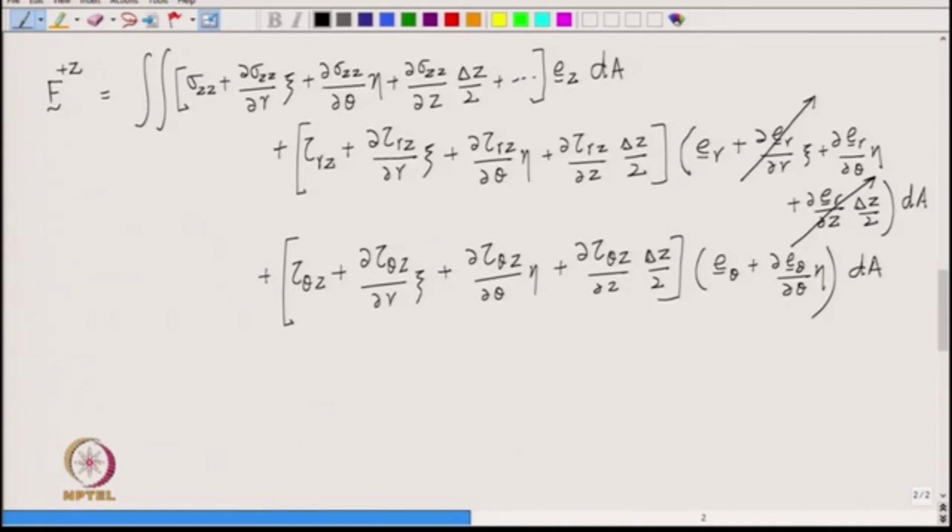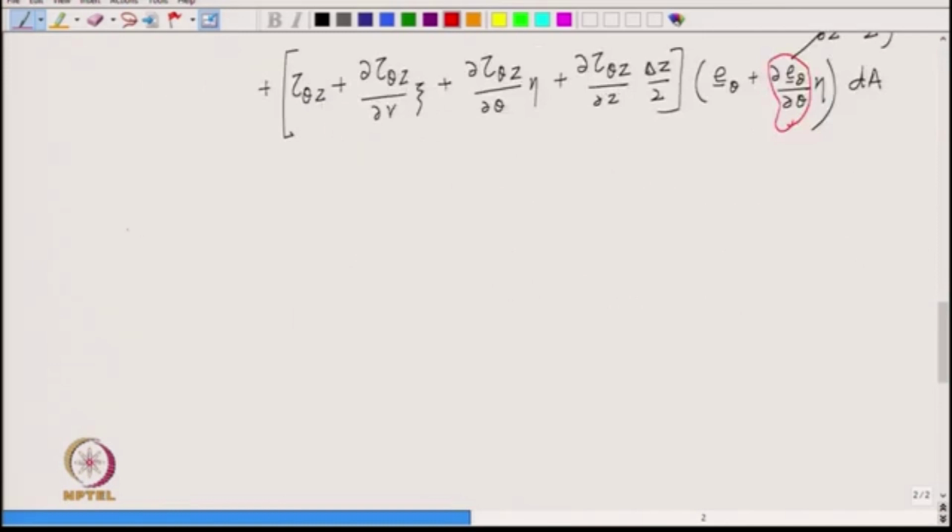So, that is only the force on the positive z plane, and you can see that we have to evaluate what is del E r by del theta and what is del E theta by del theta. Okay. So, let us try to evaluate them.